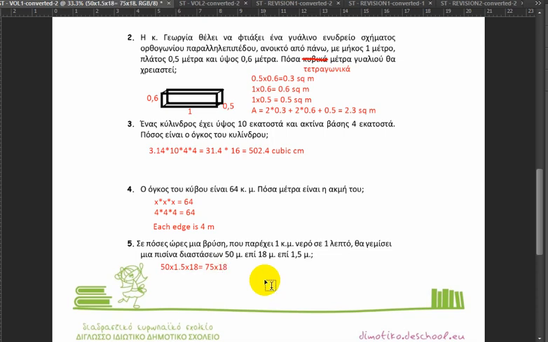And now 75 times 18 makes 1,350. So we're going to need 1,350 minutes, basically, because that's how many cubic meters the pool is.